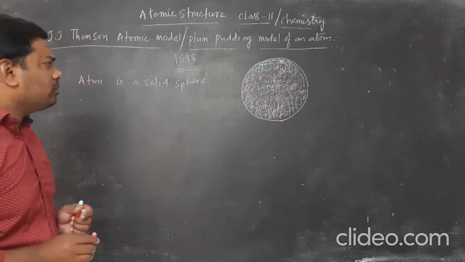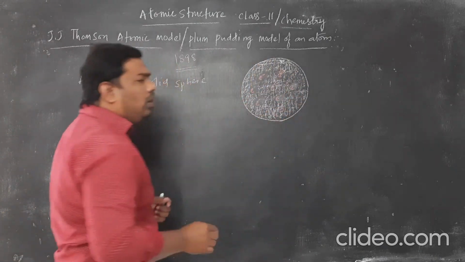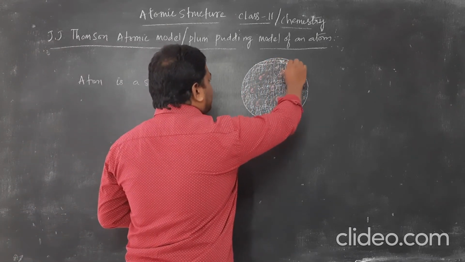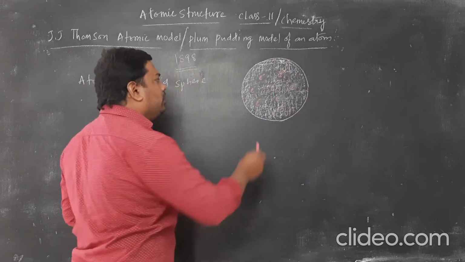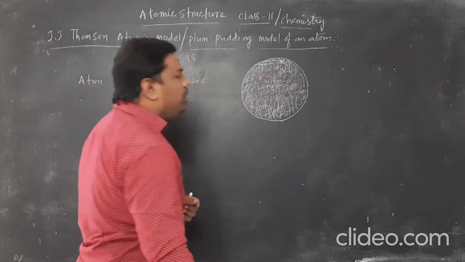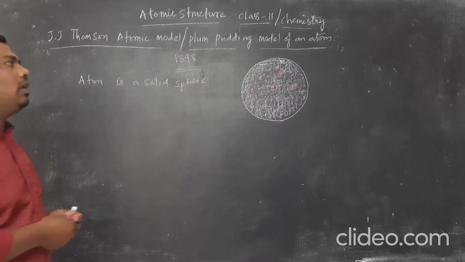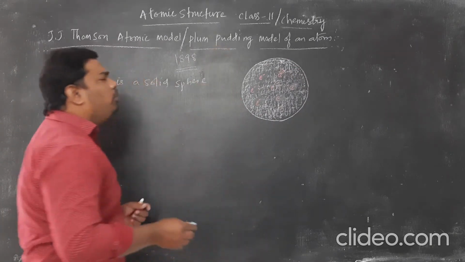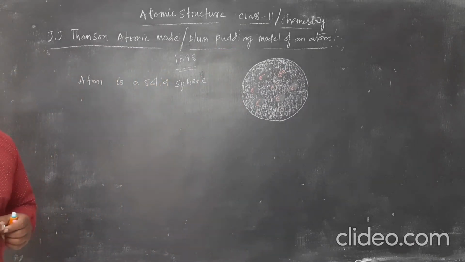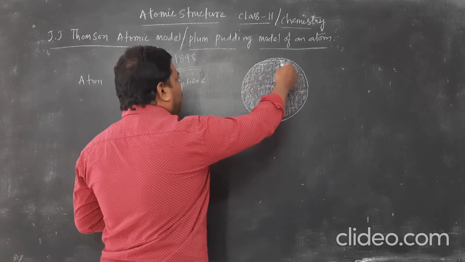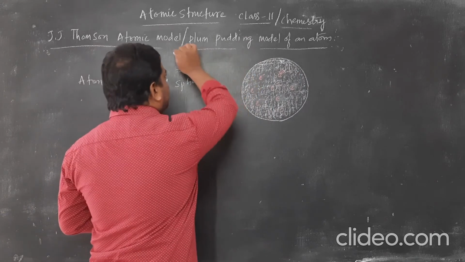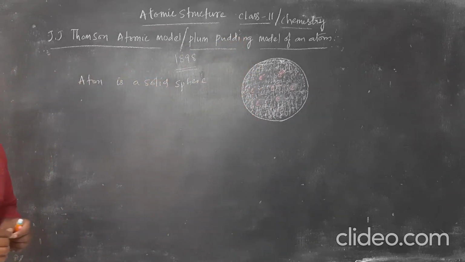We can see that the model looks like a watermelon model: the red flesh of the fruit is the positive charge, and the black seeds are the electrons. That's why the J.J. Thomson atomic model is also called the watermelon model. It is also called the plum pudding model. Plum pudding is a famous British dessert, and the model of the atom looks like it. So the J.J. Thomson atomic model is also called the plum pudding model of an atom.